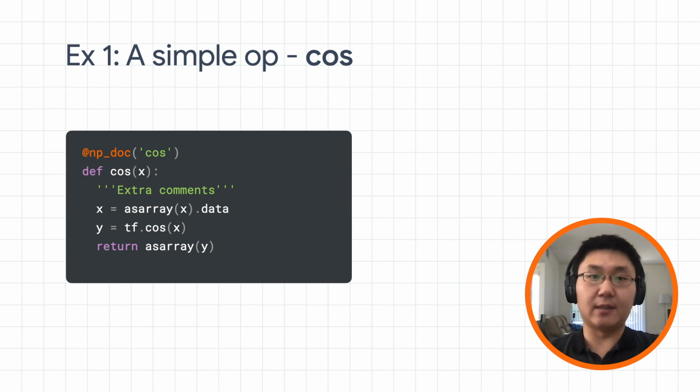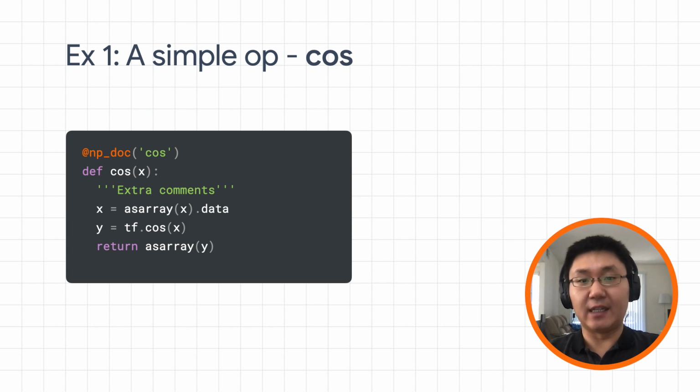The first example is the simplest possible op that we can add. So this is a bare bone op. As Ashish mentioned, we defined our own ND array class, and it is just a thin wrapper around a TF tensor. So if you are adding an op that directly corresponds to a TF op like cosine, then the work to do is really very simple.